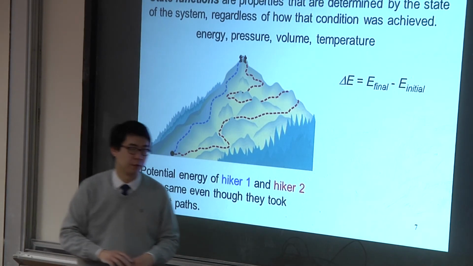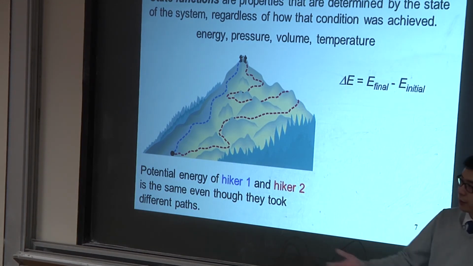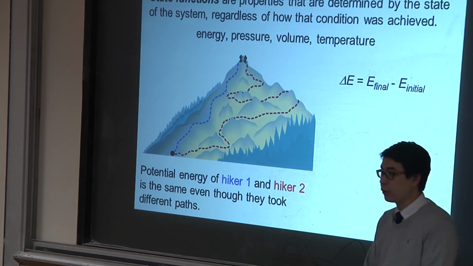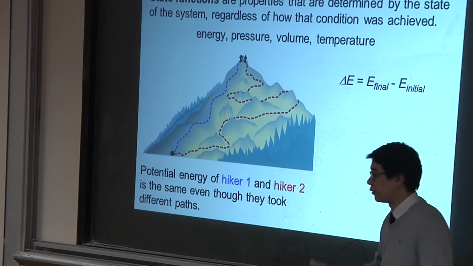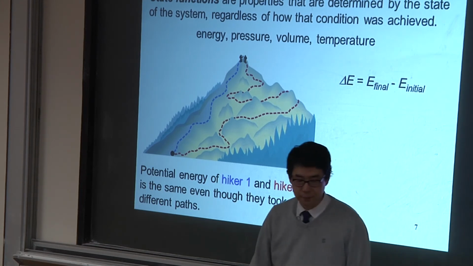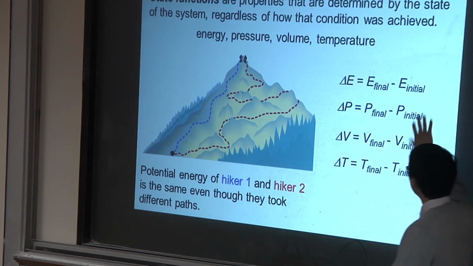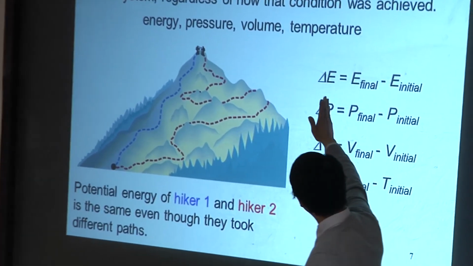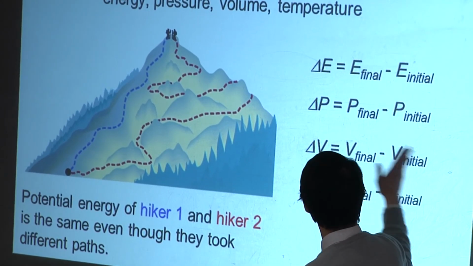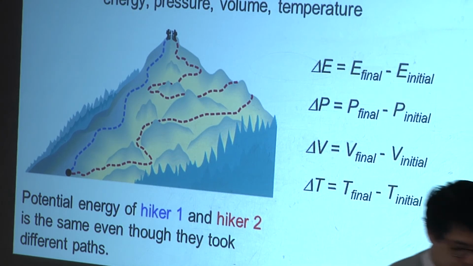Right? That's kind of obvious. Same with pressure. If I add pressure slowly or add it quickly, the pressure is the pressure once I get to the final state, temperature, and so on. And so all of those we can look at like this, because they're state functions, we can think about their change defined by the final versus the initial. Delta P, delta V, delta T.